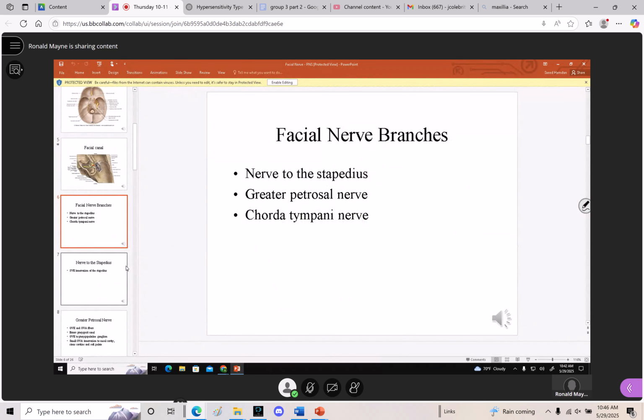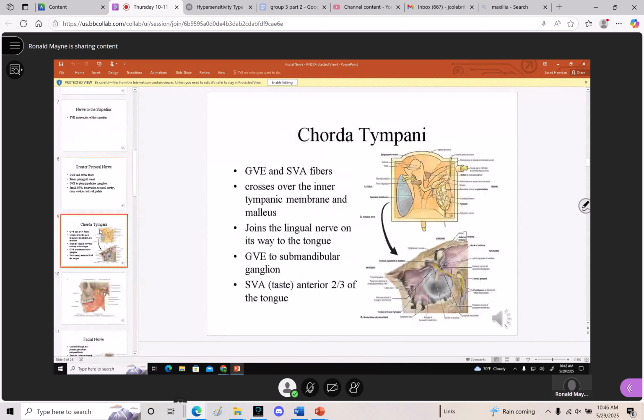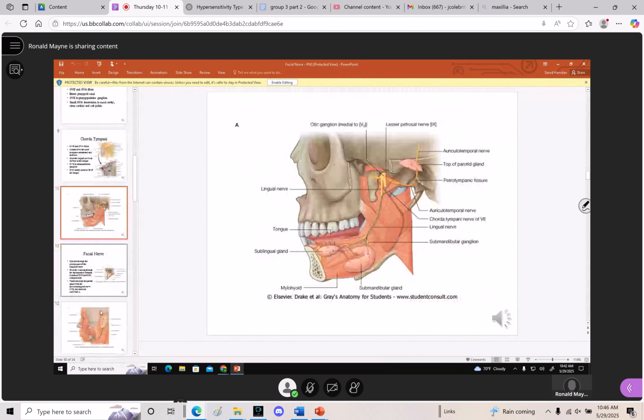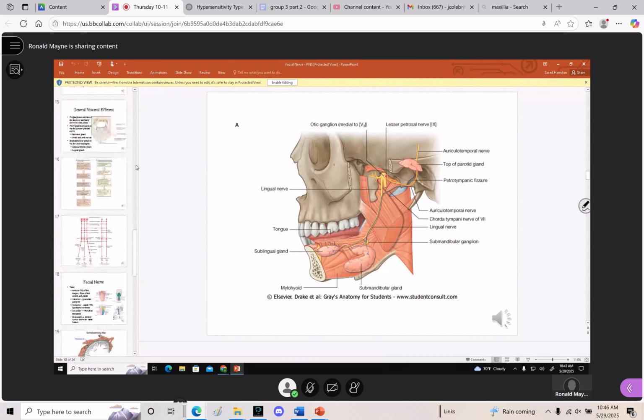Major branches. Right, so you want to look at those. There they are.